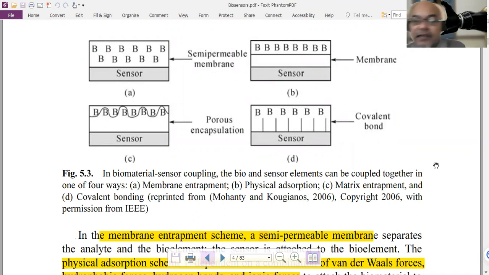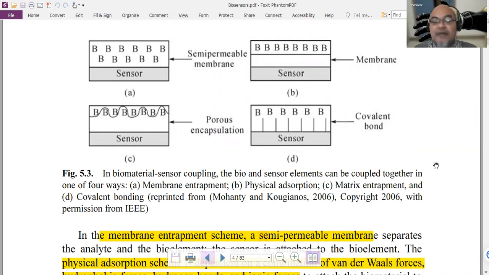Some methods will give you the correct orientation of the biomolecules, especially covalent bonding. However, of course, it will require special chemistry to bind the biomolecules to the surface of the transducer. The surface of the transducer needs to be treated first with certain chemistry, and usually you will also need a linking mechanism, a chemical linker to link the chemical on the surface of the transducer with the chemical on the biomolecule itself.